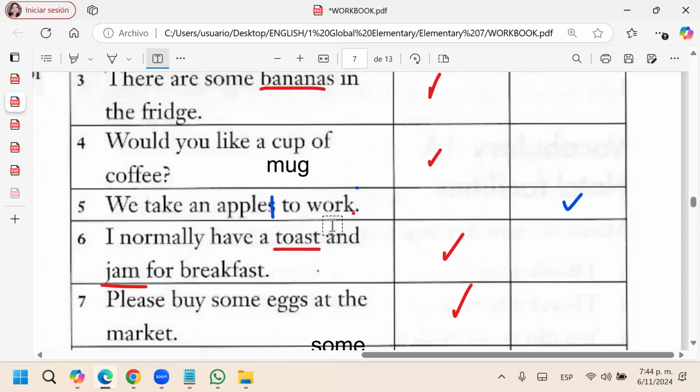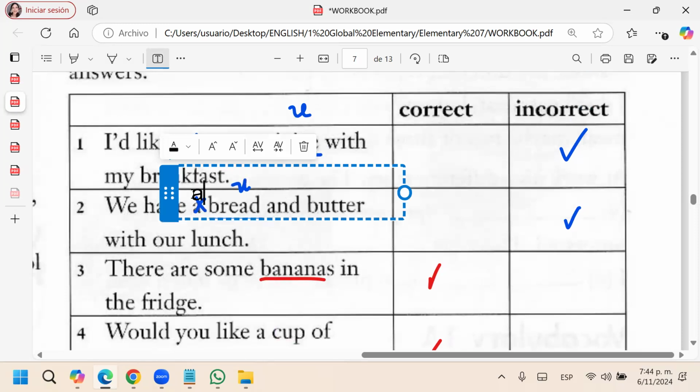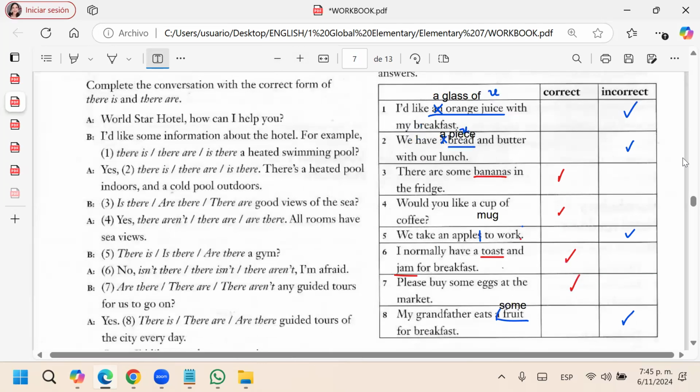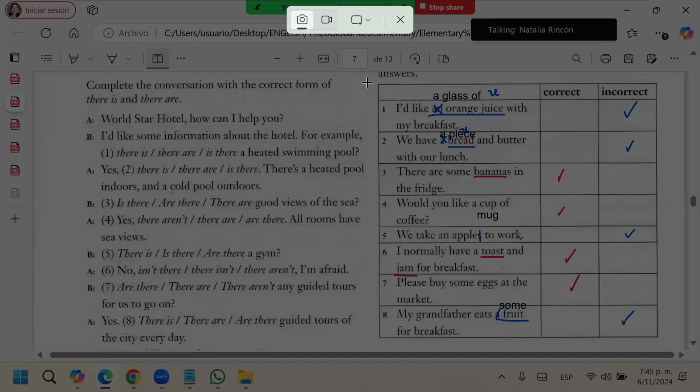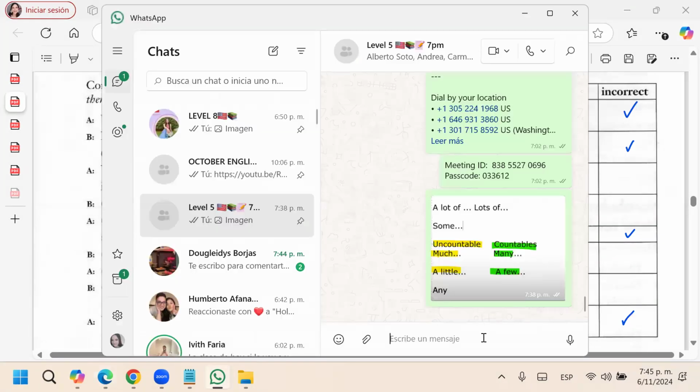We can also say a piece of bread and butter, some bread and butter. I would like a glass of orange juice, maybe. It sounds better. So these are the correct and incorrect: 4 correct, 4 incorrect.